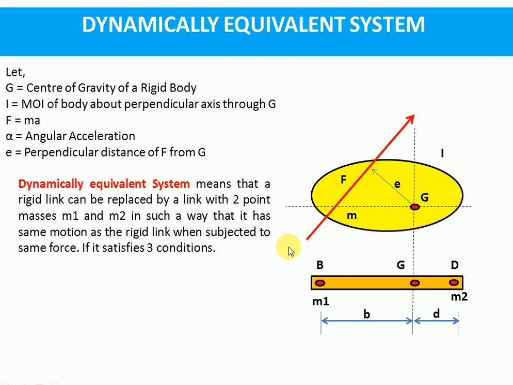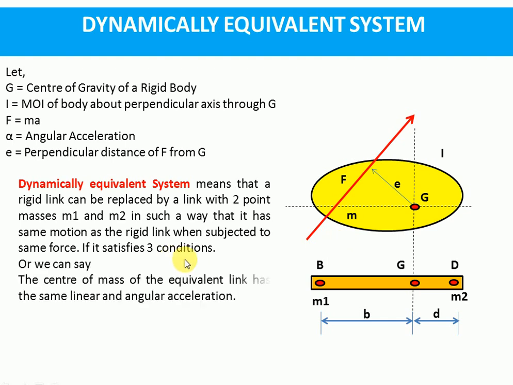That means it will have the same linear acceleration and angular acceleration as the rigid link if it satisfies three conditions. Or we can say the center of mass of the equivalent link has the same linear and angular acceleration.